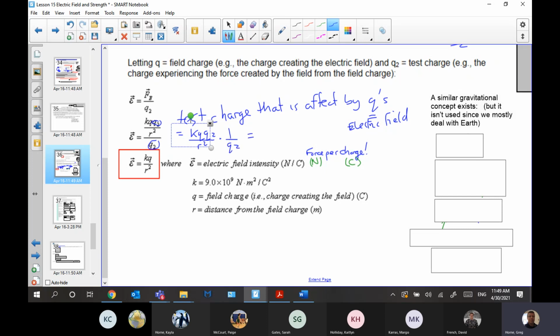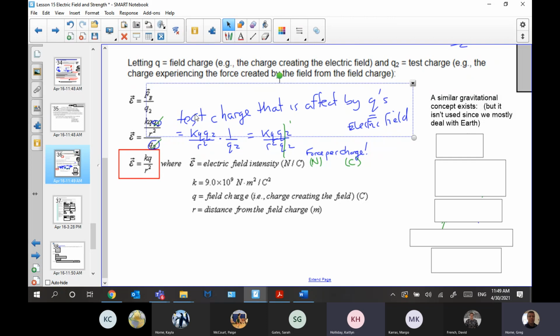And then if we really wanted to show it, we've got a k, Q, and a Q2 on top, and in the bottom we have an r squared and a Q2. So Q2 divided by Q2 cancels out, it just divides out to a 1. So I was trying to show there that it cancels out, but sometimes more is needed. So does that help? Yeah, thanks. Perfect.